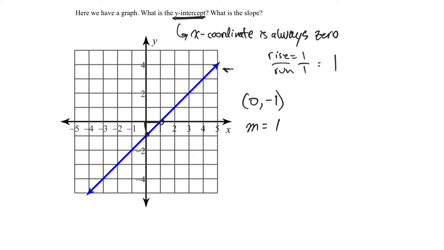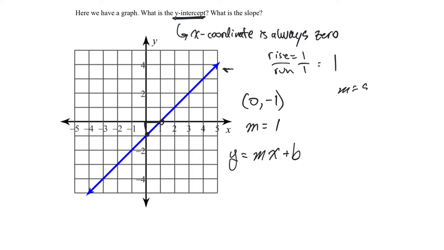That's helpful. Now that I have this information, I can use the slope-intercept form for the equation of a line. So the equation is y equals the slope times x plus b.